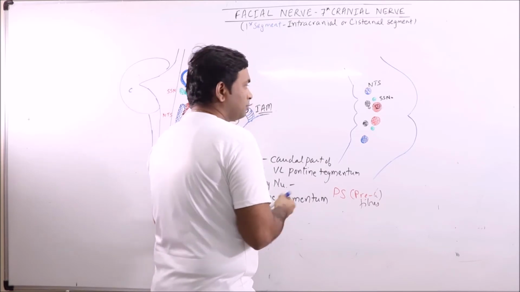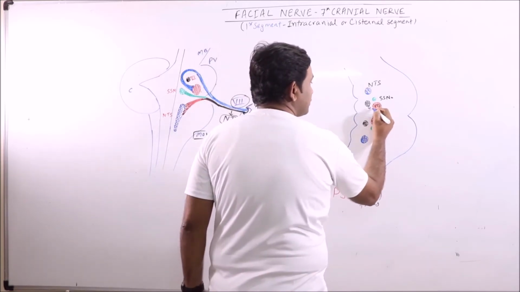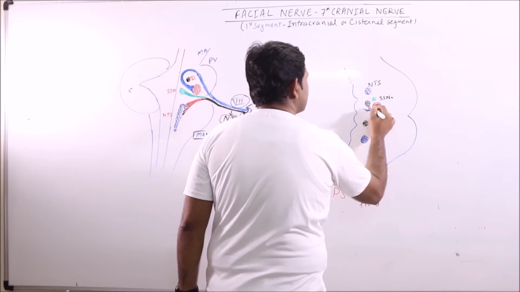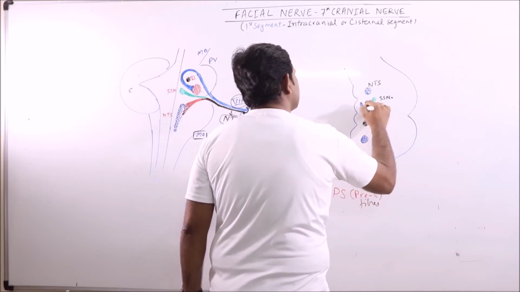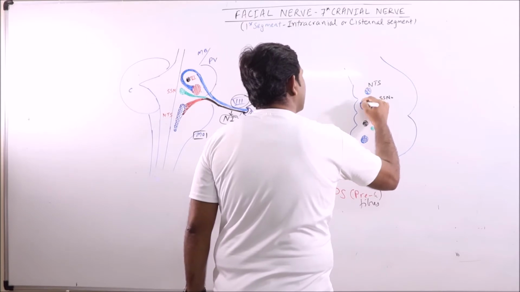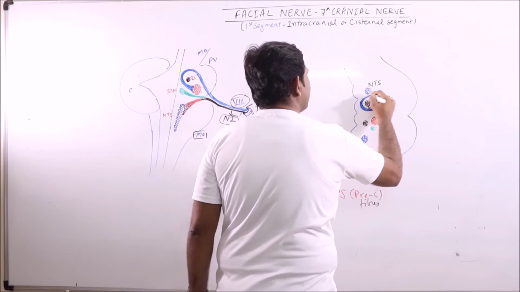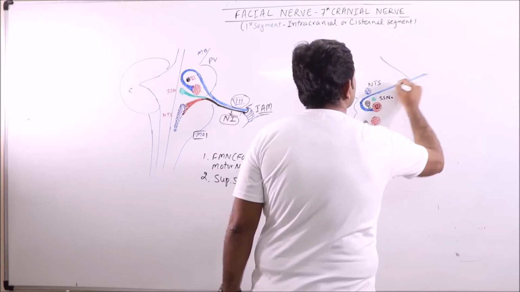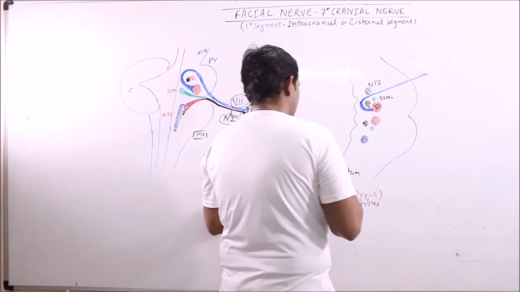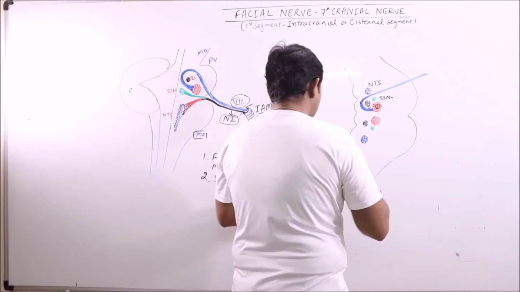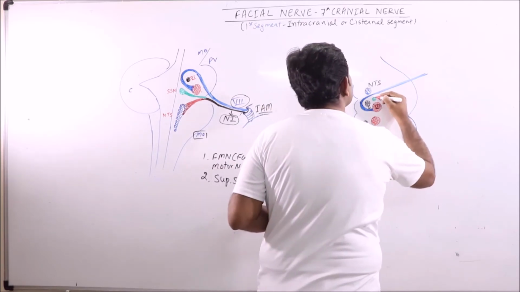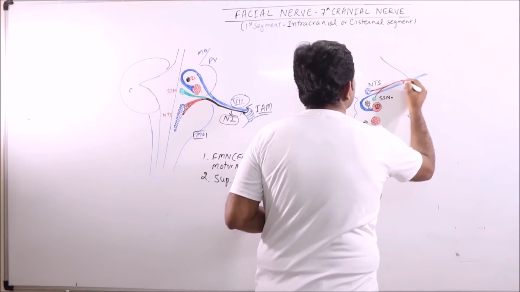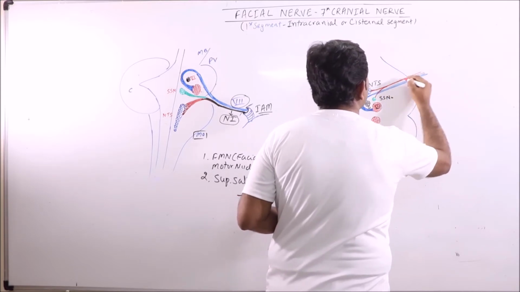Now the fibers from the 7th motor nucleus, that is the facial motor nucleus, move like this. They will take a turn around the 6th cranial nerve nucleus and will emerge out like this. The superior salivatory nucleus will give fibers, and the nucleus tractus solitarius will give fibers.